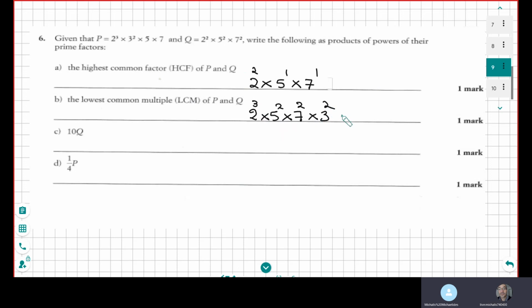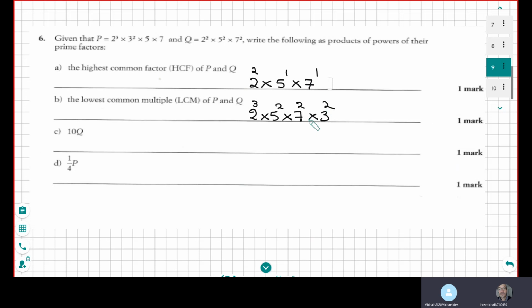And this is the number that can be divided by both of the numbers. This is the definition of the lowest common multiple. It's the lowest number that can be divided by the other two numbers, and the highest common factor is the highest number that can divide both of the numbers. So this has to be lower than this one.